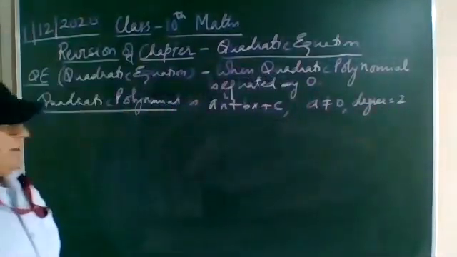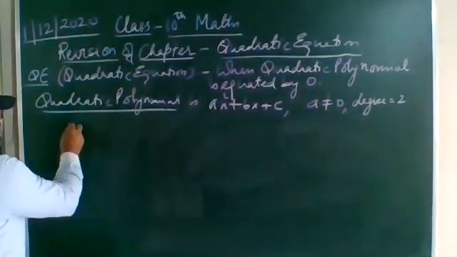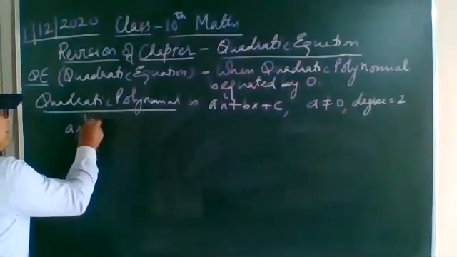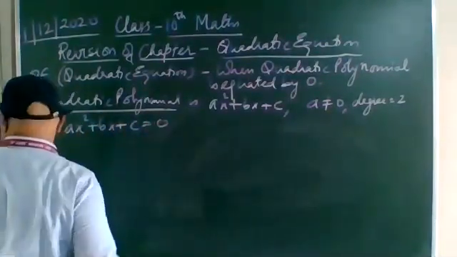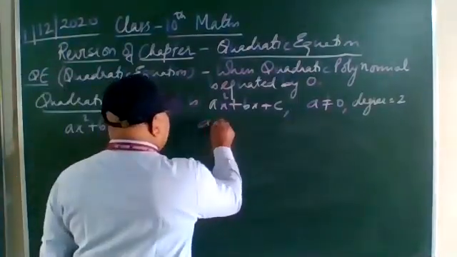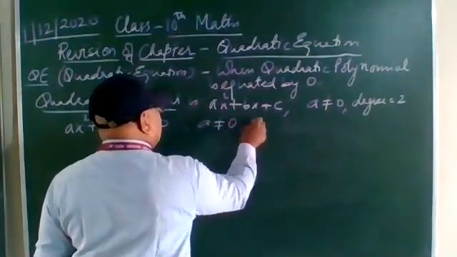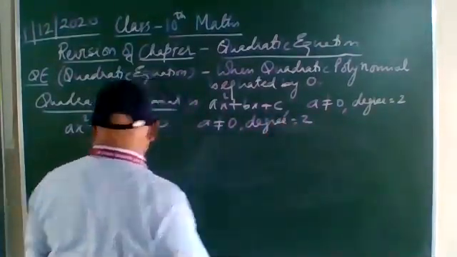Now this is the quadratic polynomial we have studied. So ax square plus bx plus c equal to 0 becomes a quadratic equation, a not equal to 0, degree 2.